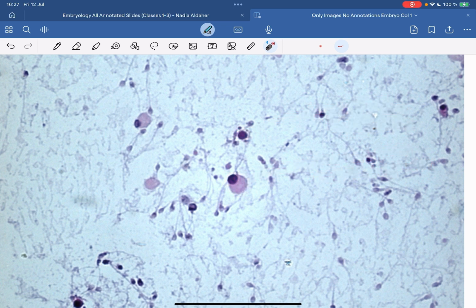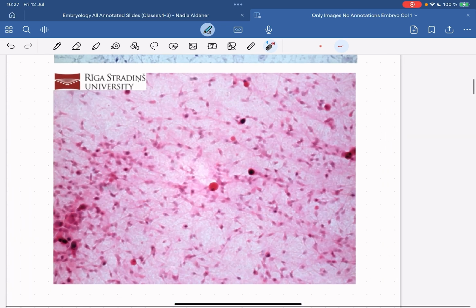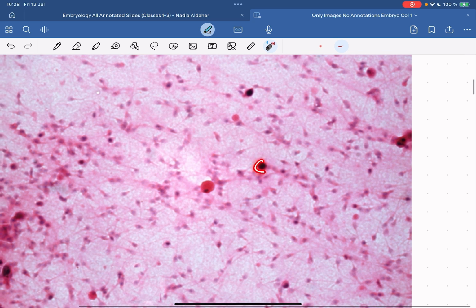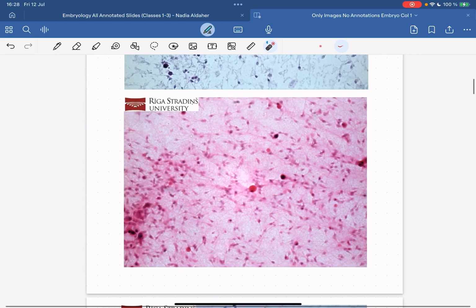Hopefully that's easy. Some people have a hard time with that, but again, if you just see a big black dot with no cytoplasm, that would be the lymphocyte. If you see a big, pinkish cytoplasm with a nucleus, that would be the urethral epithelial cell.